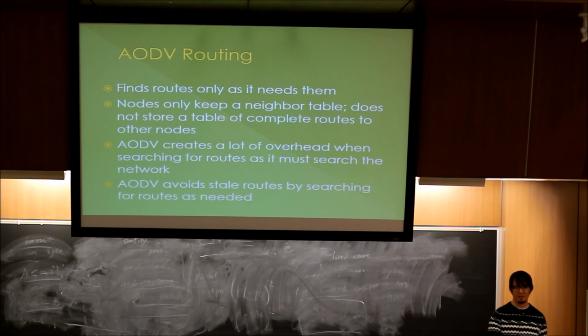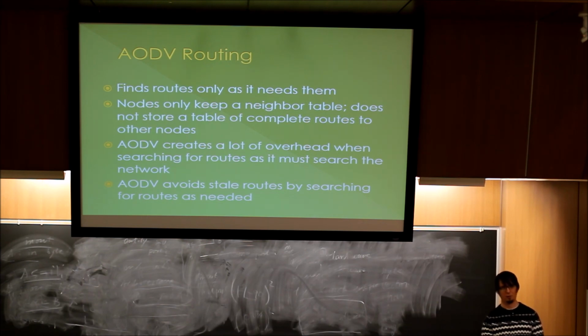It finds the routes as it needs them. So it has to flood the network and find the route. And once it gets the route, it'll take the fastest route to the destination and then use that to send a packet along through a network. So it's a lot of overhead to search through the network to find it.